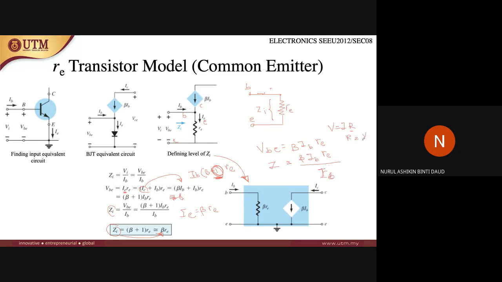R is equal to V over I, correct? So IB can be cancelled out, so it will be beta RE. That's why the value of impedance here can be represented as beta RE, and you can write beta RE here. So beta RE here represents the impedance.